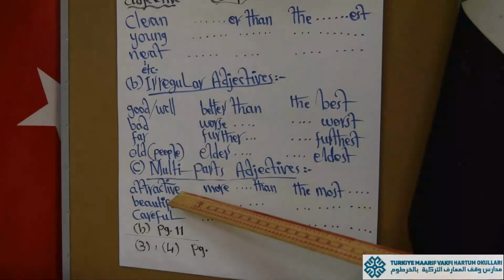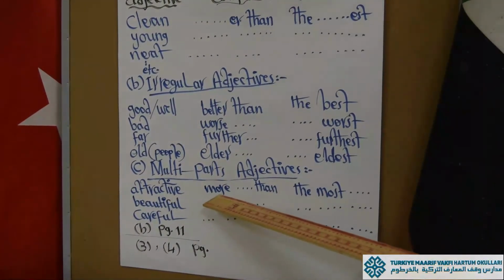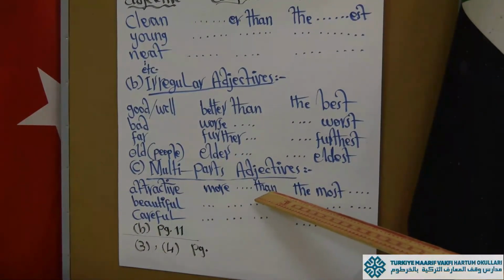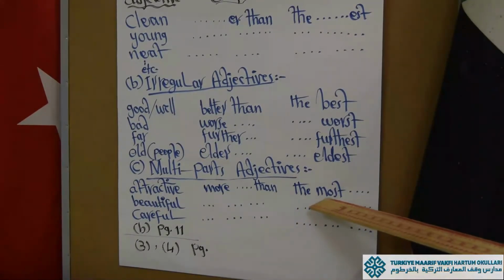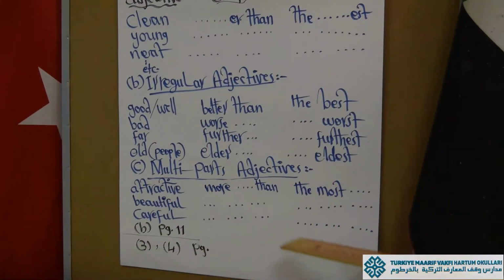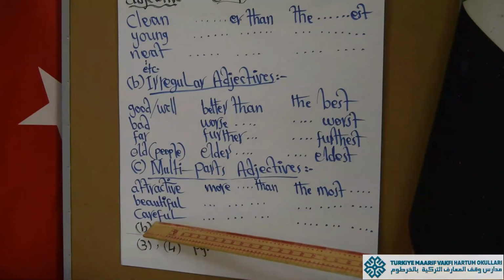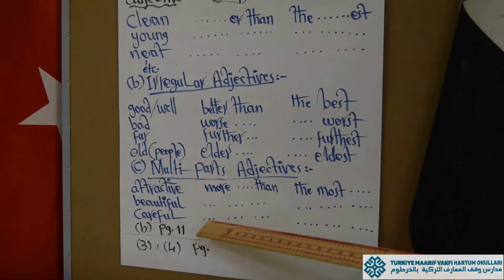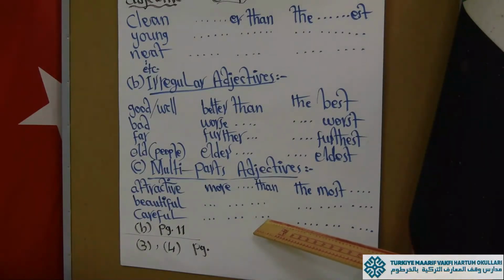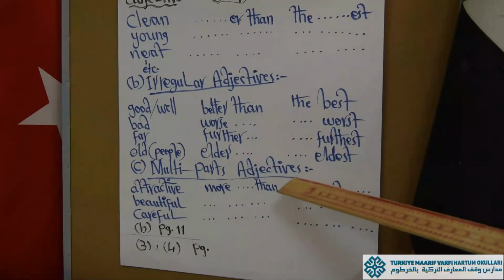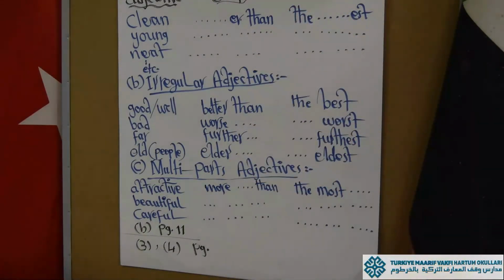I can't say Angelica is attractive, but Jane is more attractive than Angelica, but Jane is the most attractive, and so on. Beautiful and careful. So the drivers are careful, teachers are more careful than drivers, but the doctors are the most careful. That's all about comparative and superlative in English.